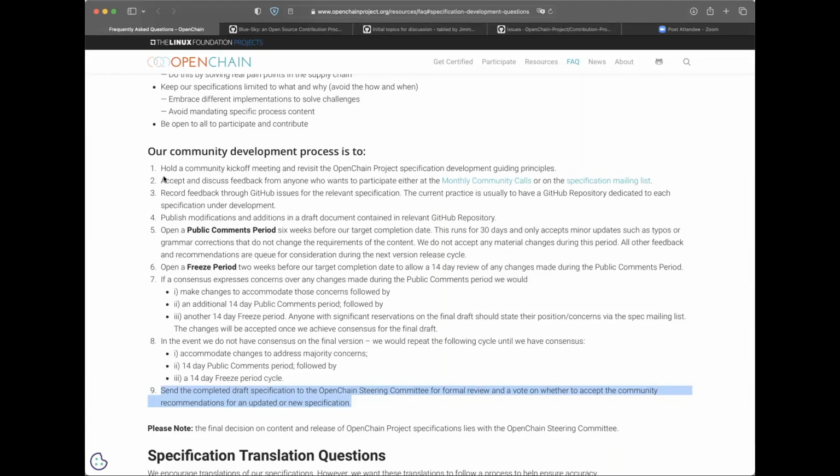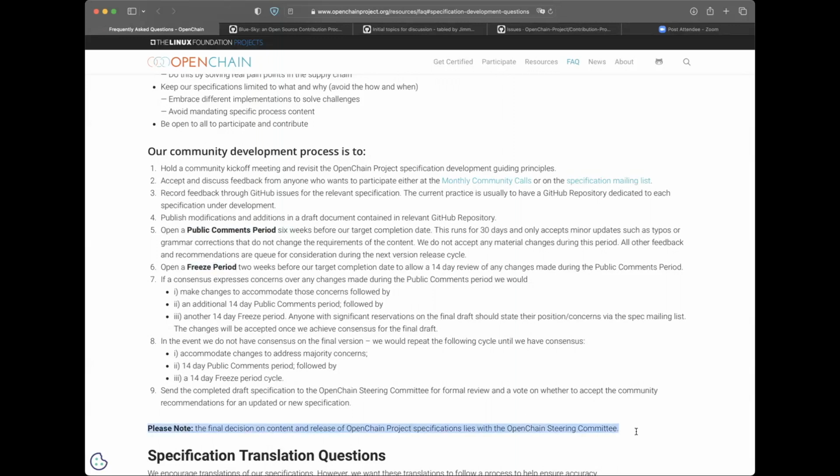In other words, once we edit on our calls and our mailing list, once we do a public comment period and a freeze period, and presuming that we build consensus on the final document, that then goes to a final step, a steering committee that votes on this draft standard and decides if it graduates as an OpenChain standard or not.